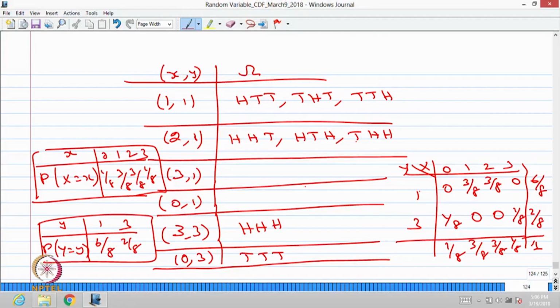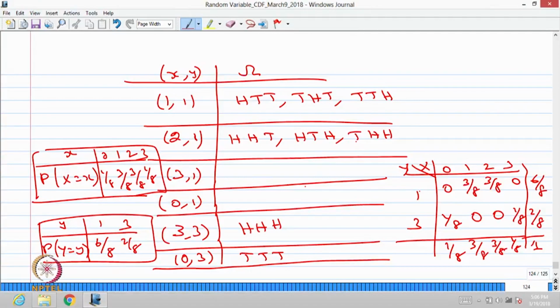But here what I am saying is, if you know the joint distribution you can always get the marginal distribution. The converse is not true. That means from the marginals one cannot always get the joint, whereas from the joint distribution you can always get the marginals. Therefore here we get the probability mass functions of x and y from the joint probability mass function of x comma y.